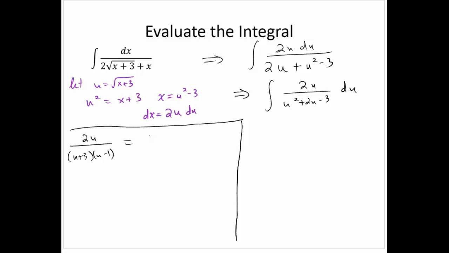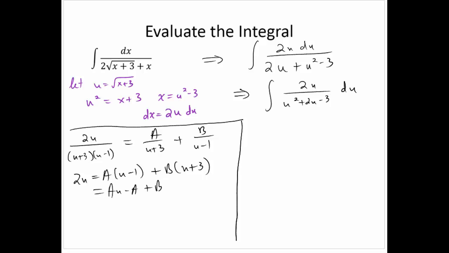That would be A over u plus 3 plus B over u minus 1. Multiplying through, I get 2u is equal to A times u minus 1 plus B times u plus 3. That would be Au minus A plus Bu plus 3B.